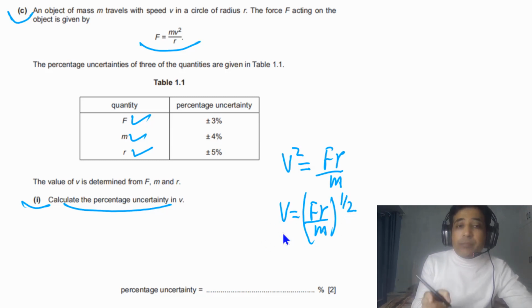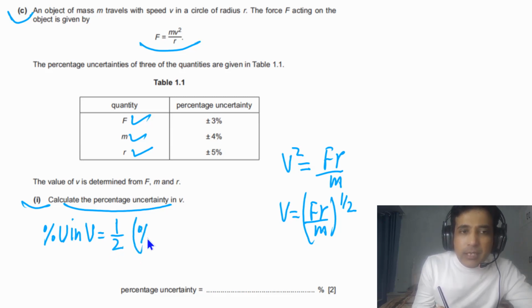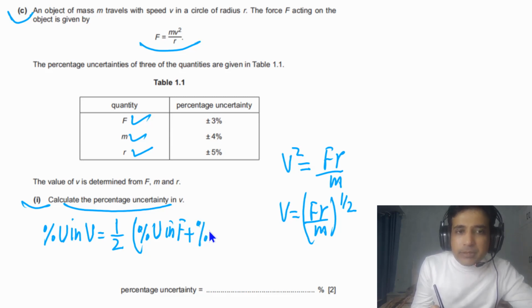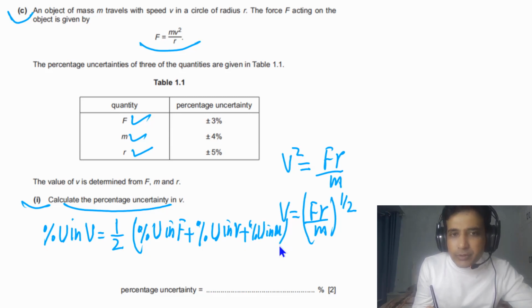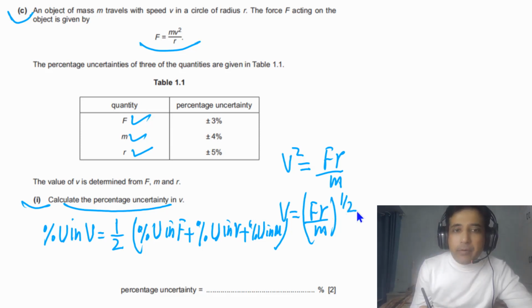We need to calculate the percentage uncertainty in v. So the percentage uncertainty in v will be equal to 1 by 2 times the percentage uncertainty in F plus the percentage uncertainty in R plus the percentage uncertainty in M. This is the point we need to understand: because these quantities are multiplied and divided, we add the percentage uncertainties, and because there is a power of 1 by 2, we multiply by 1 by 2.